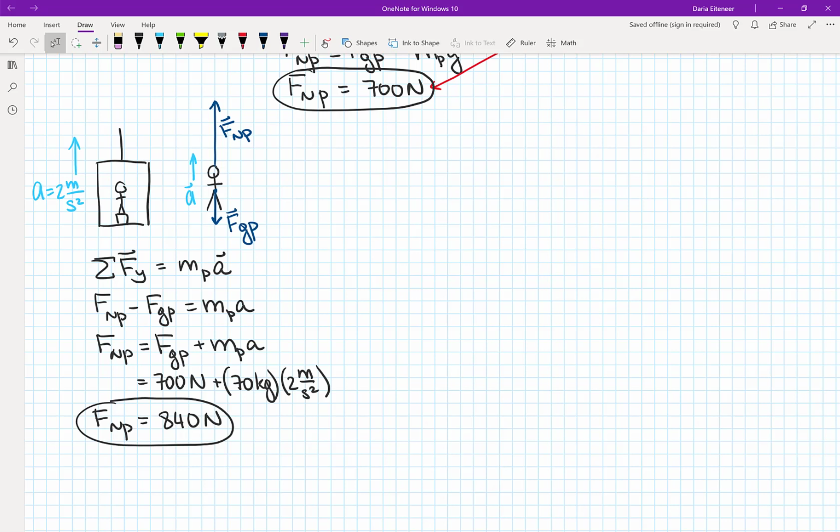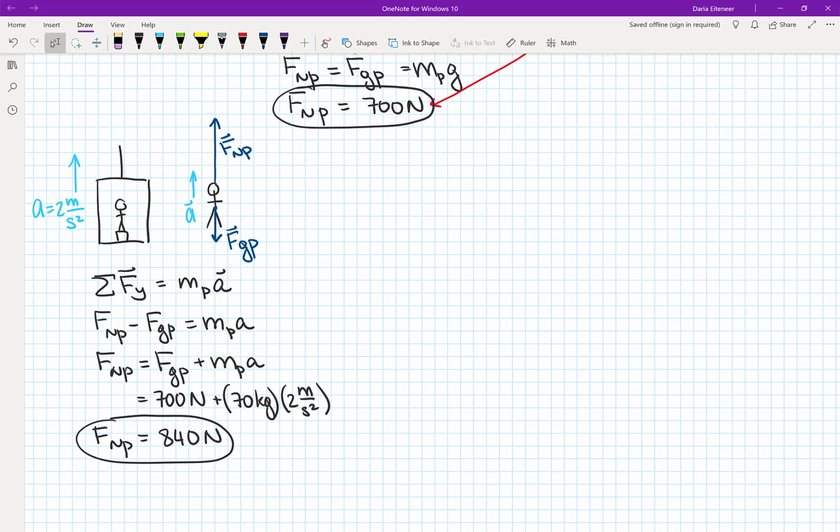So that part of the claim is working out so far. You should recognize the feeling. When you go into an elevator that accelerates upward like that, you feel quote-unquote heavier. So what you're feeling is that increase in the normal force. The floor of the elevator pushes you up because it needs to overcome your force of gravity and to create that extra upward acceleration.